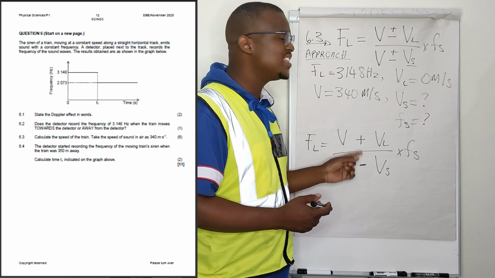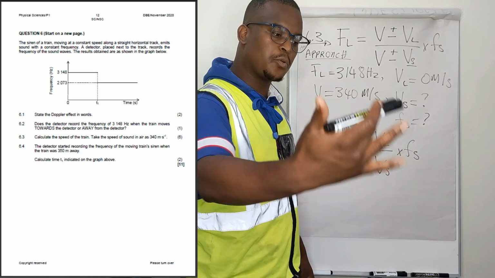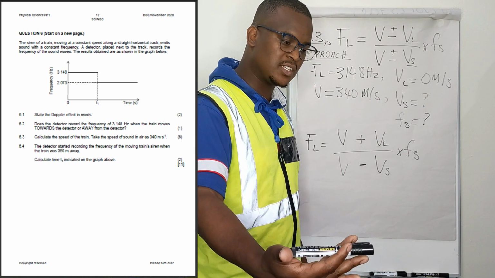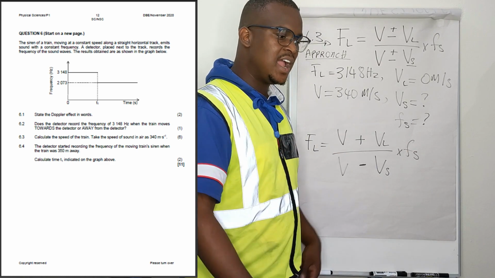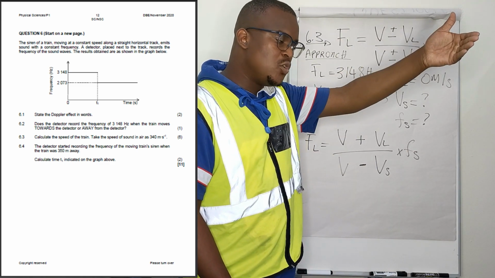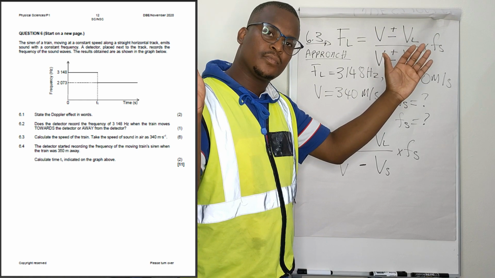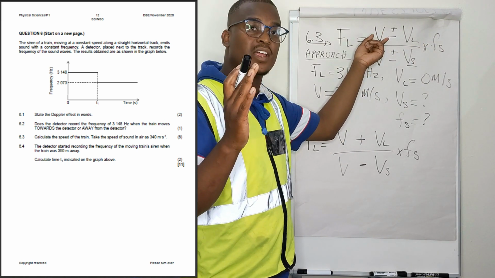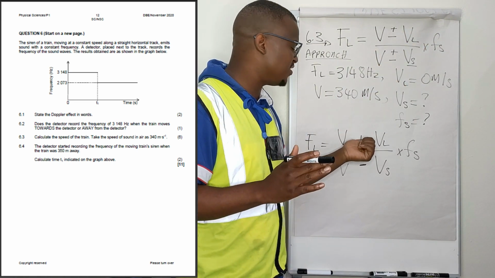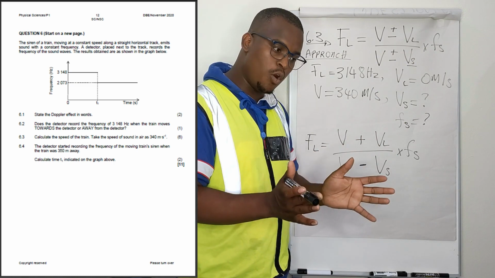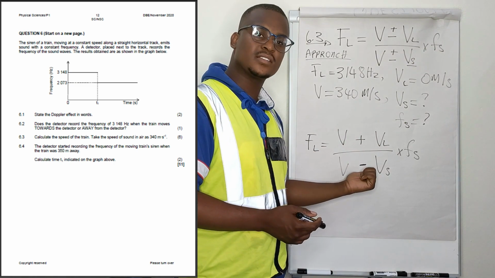This is how you decide these signs. If the source of sound is approaching you, you are going to have a higher frequency. For that, you should have a bigger numerator at the top of the equation. The numerator will be as big as possible, which is why you have the positive. At the bottom you have a small denominator, which is why you have a minus.